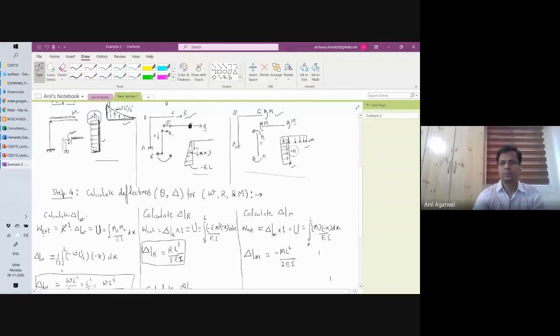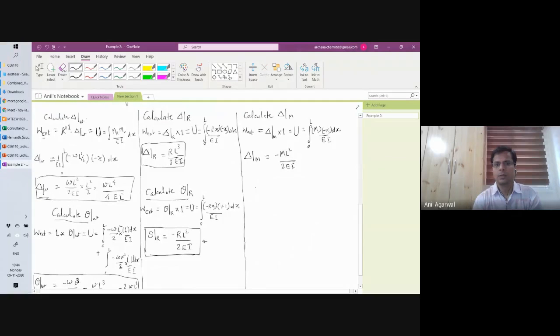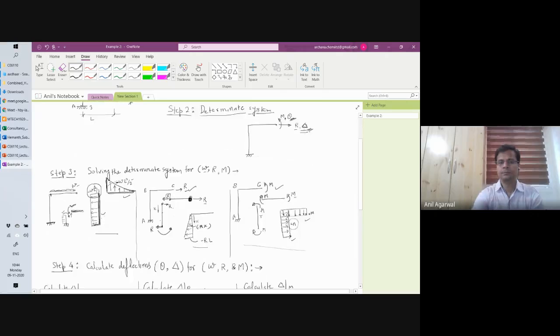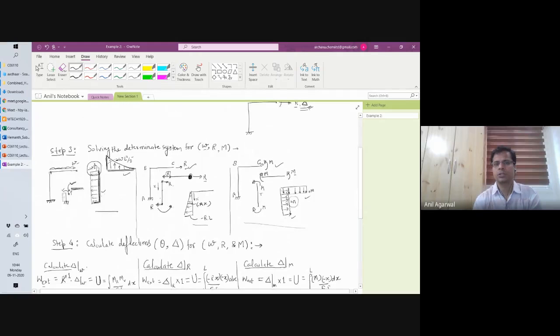All right. Moving forward, calculate theta because of M. If you notice, I'm asking how much is the rotation at this point because of this M. So I'm looking at the same load and the deflection in the same direction.